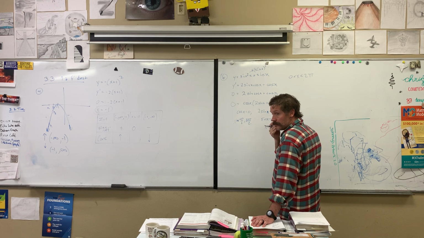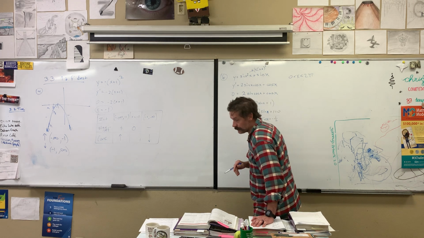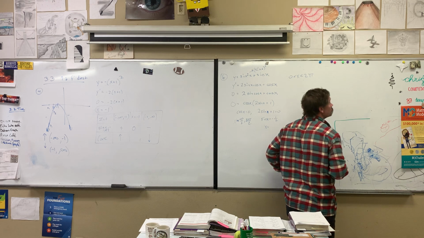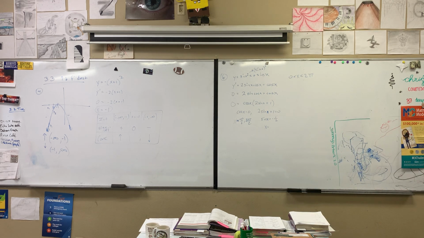On like 11 pi over 6, and then on the other side, 1, 2, 3, 4, 5, 6, and then 7. 7 pi over 6.